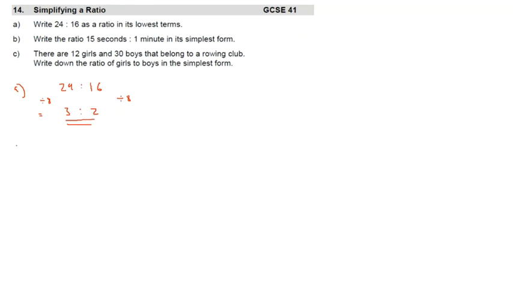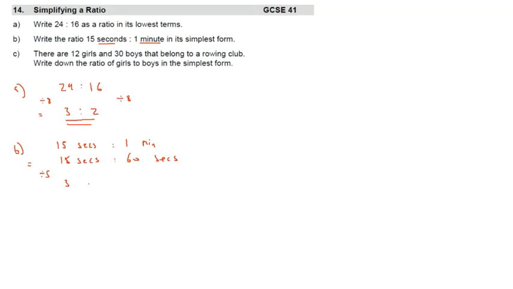So we've done this one. We've killed it. B then, look, 15 seconds to 1 minute. The problem you don't see, okay, I got seconds and minutes. You need the same units, all right? So remember 15 seconds here. Remember 1 minute is actually 60 seconds. And now you might spot that they're both in the 5 times table.